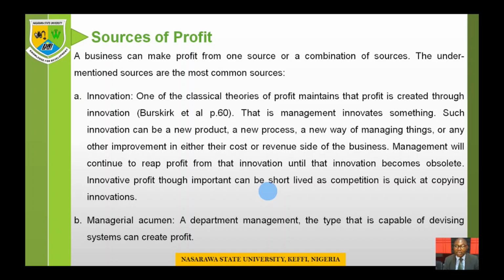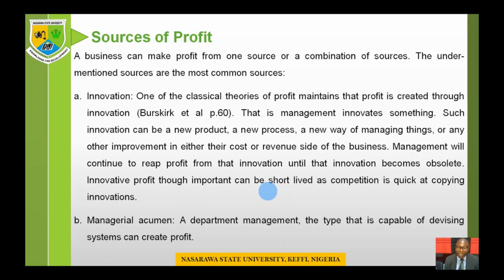So management innovates something. Such innovation can be a new product, a new process, a new way of managing things, or any other improvement in either their costs or revenue side of the business. So management will continue to reap profit from that innovation until that innovation becomes obsolete.